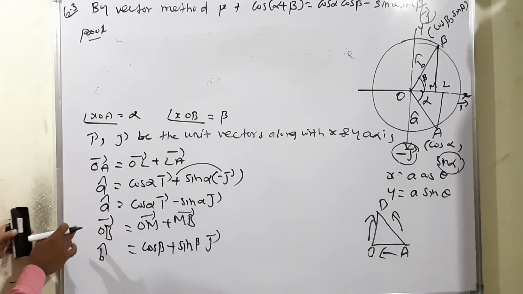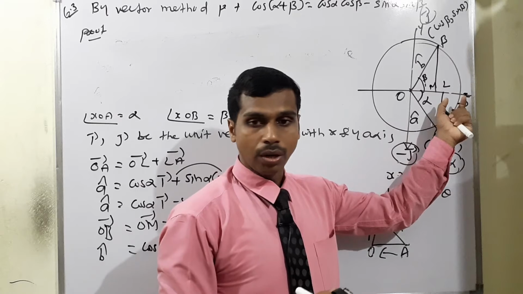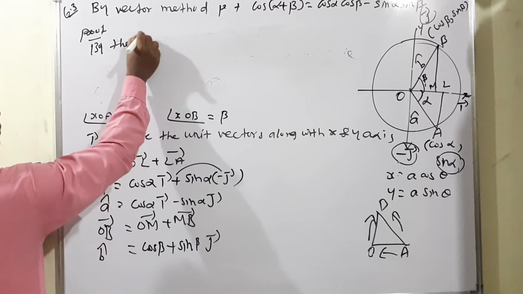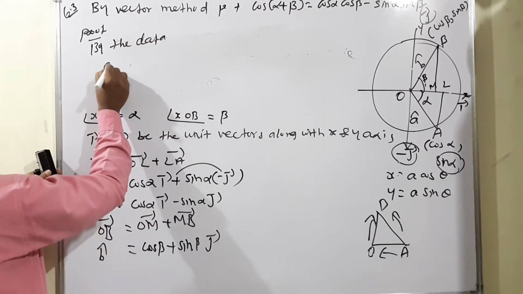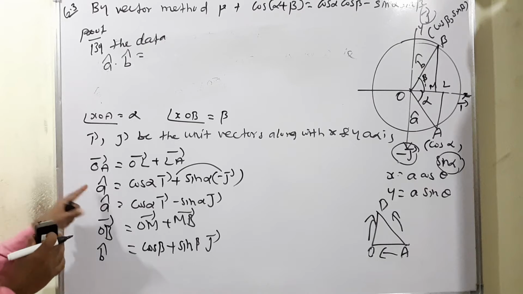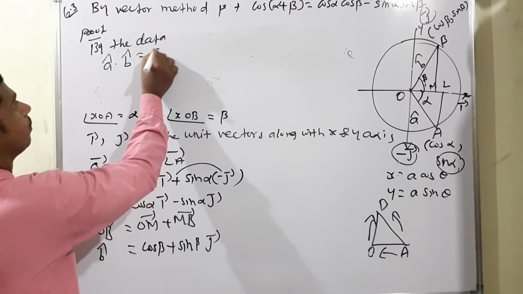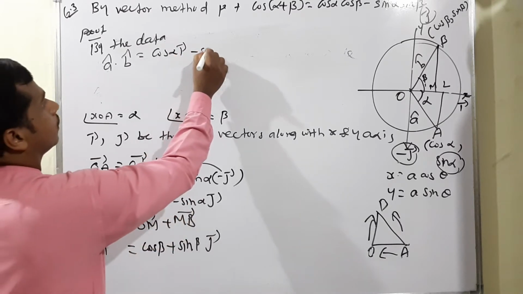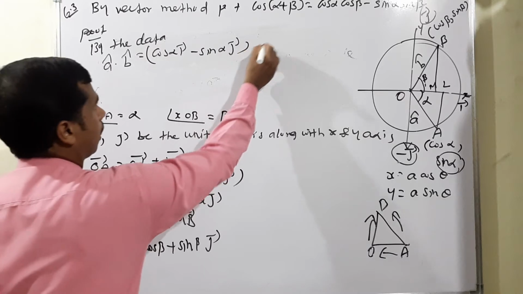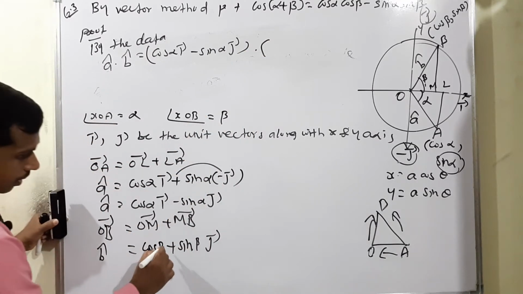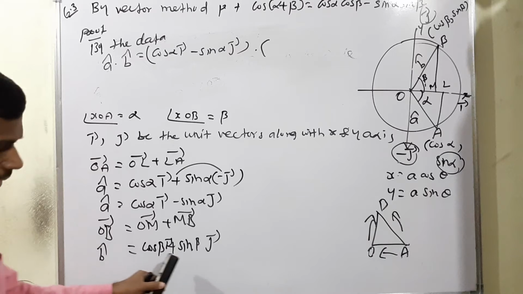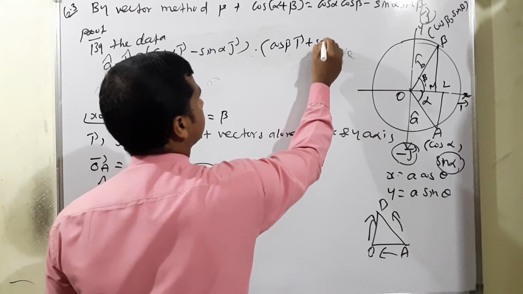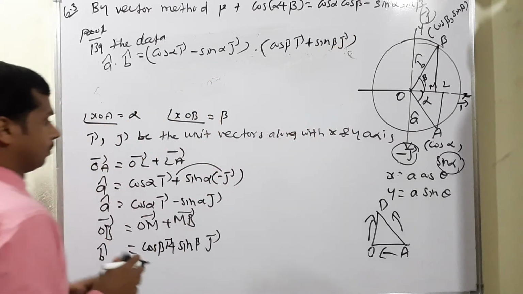By the data we have considered, A cap dot B cap is equal to, A cap is cos alpha i vector minus sin alpha j vector, dot B cap, cos beta i vector plus sin beta j vector.